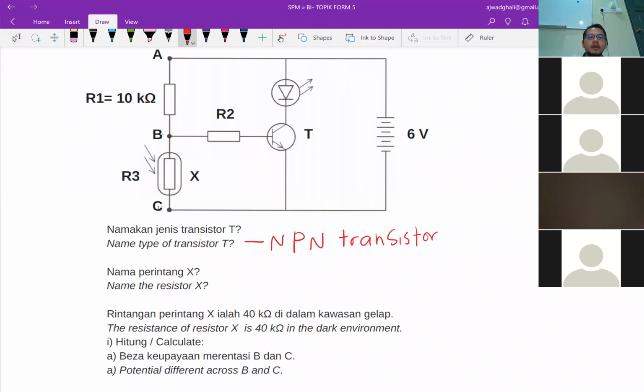Next, name the resistor X. What is the name for the resistor X? Aina said in the chat that resistor X is LDR, light dependent resistor.